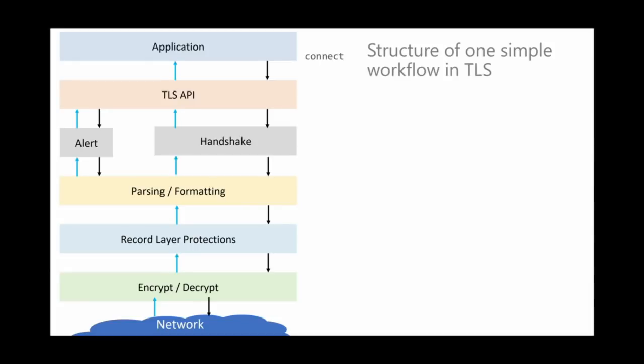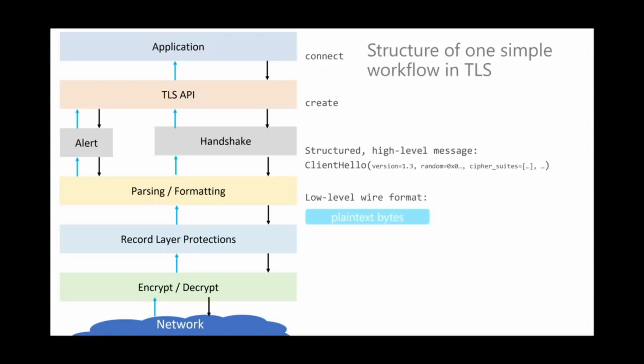TLS is a socket-like API. You connect, you try to create a secure socket. That triggers the run of a TLS handshake that's going to negotiate keys between the two endpoints, which then requires sending some plain text bytes out on the wire.